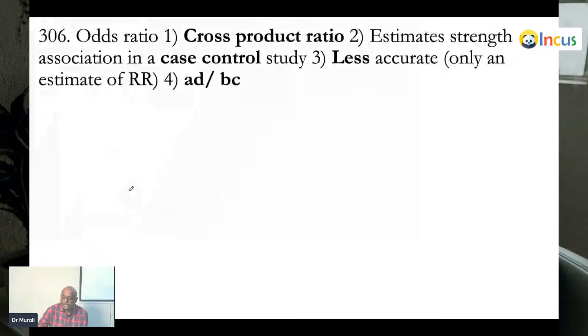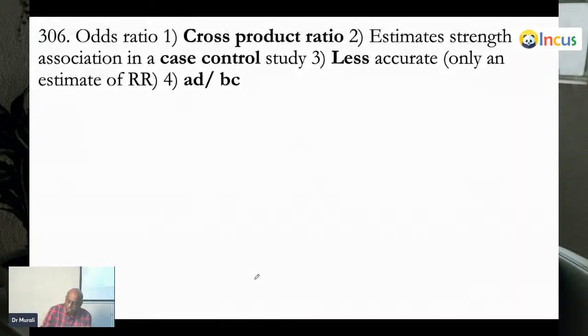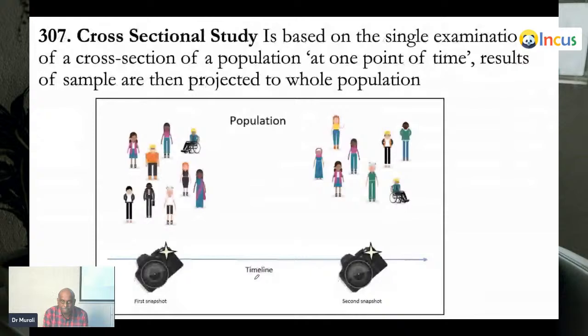And odds ratio is called cross product, AD by BC, used in case control. It is less accurate, and the formula is AD by BC. These are the 4 points you need to know about odds ratio very clearly.